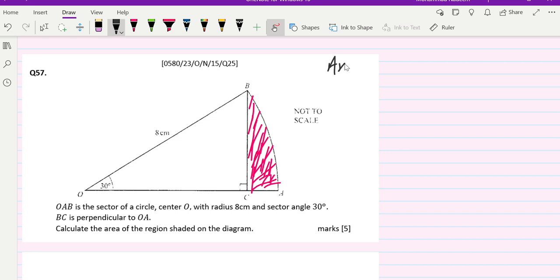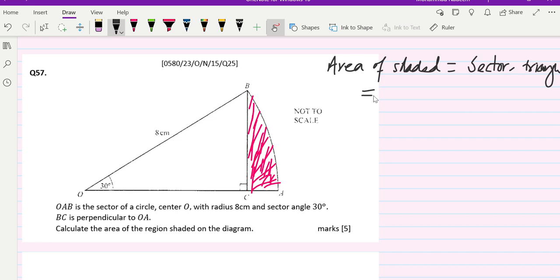So area of shaded part will be equal to sector minus triangle, that is a right angle triangle. Okay, so we will take the area of sector then minus triangle. This will give us the area of shaded region.